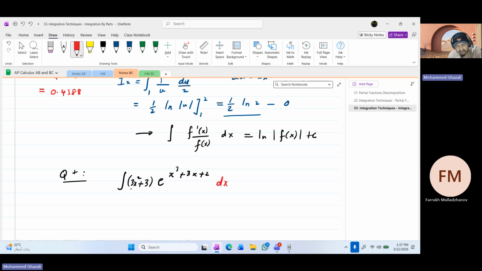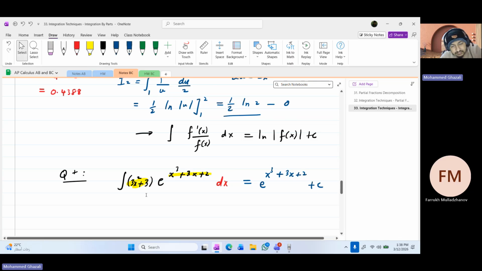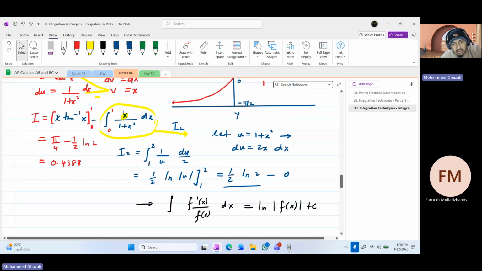You see the derivative appears in my integral, that's my u. So my answer is just e to the power x cubed plus 3x plus 2 plus c. Differentiate this and see if you get the inside. Yes, we do. We leave the power the same and we differentiate the top, 3x squared plus 3. There, it works. So it has to be u substitution because the derivative appears in my integral.